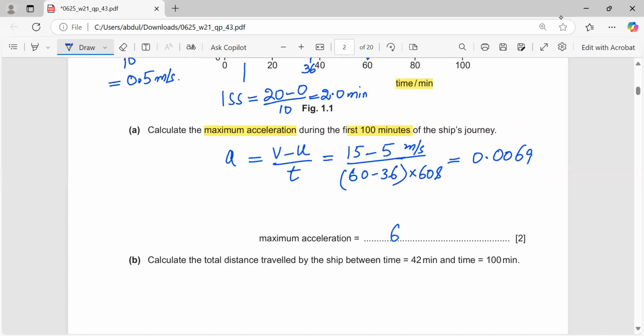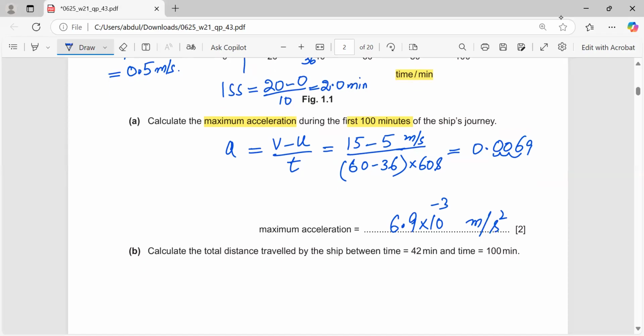Even we can write it in standard form, 6.9 times 10 raised to the power minus 3, and don't forget to write the unit, meters per second squared, here.